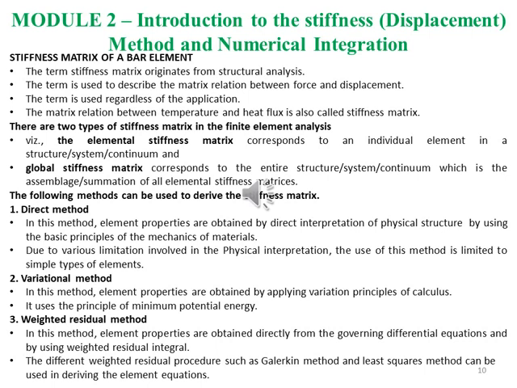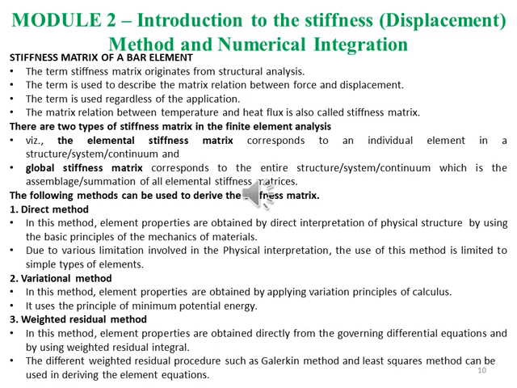So this stiffness matrix is called the elemental stiffness matrix. Now when we assemble these individual stiffness matrices, we get the global stiffness matrix. So the global stiffness matrix will pertain to the entire structure, the entire group of elements.